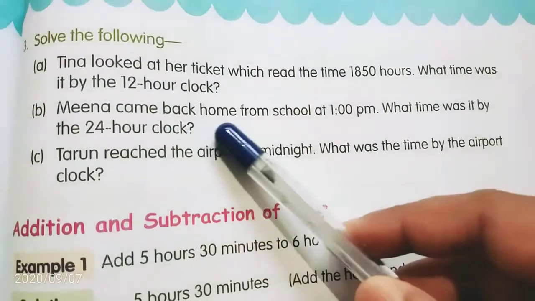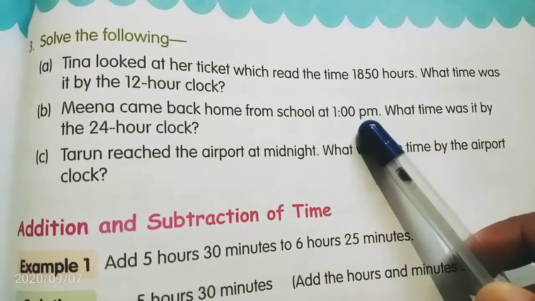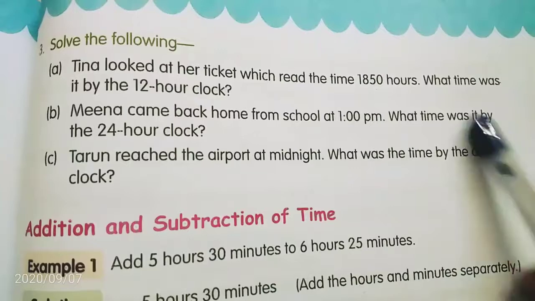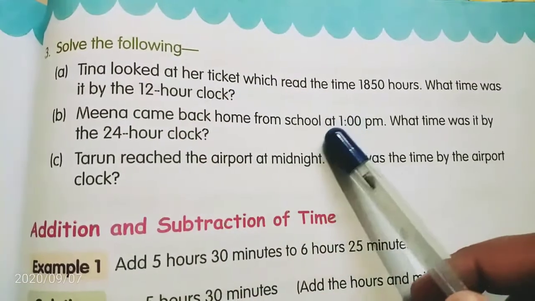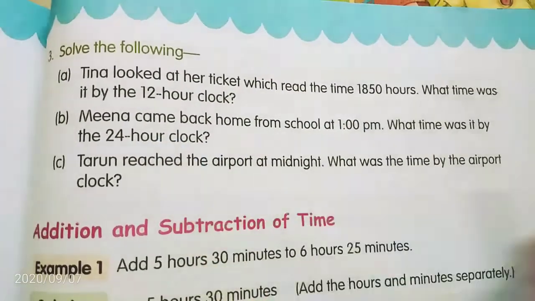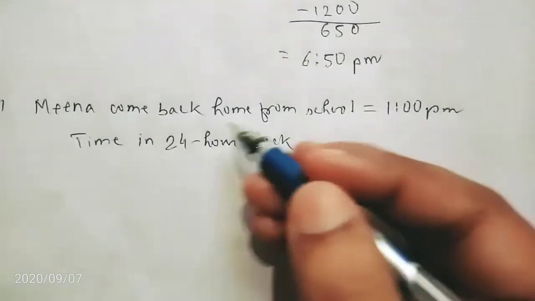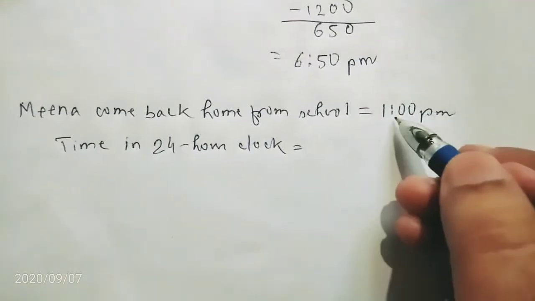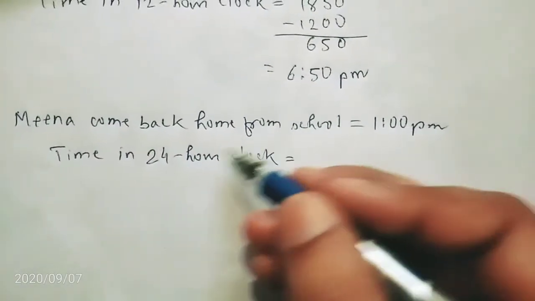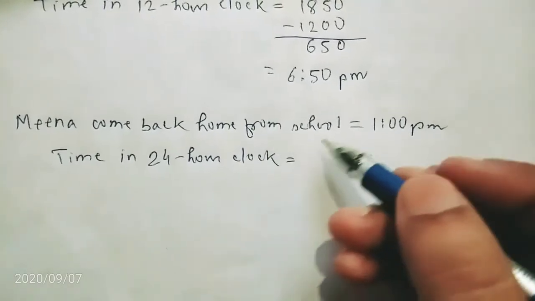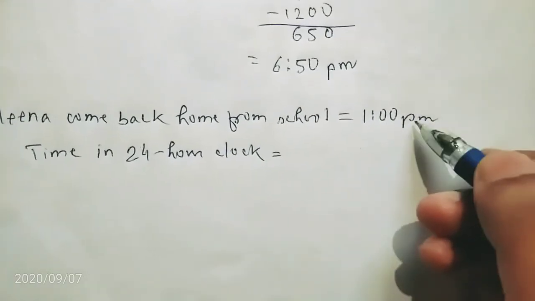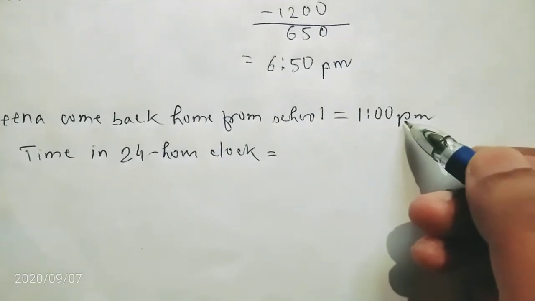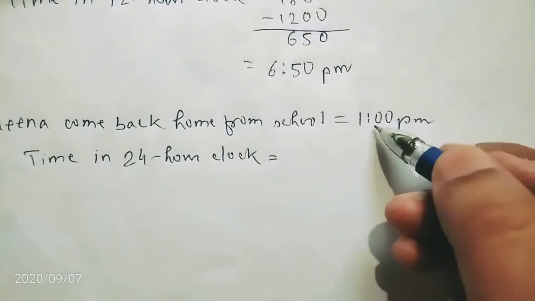Now B number, Meena came back home from school at 1 PM. Okay, what was the time by 24-hour clock? Now you have to convert this 12-hour clock into 24-hour clock. So I told you the rule that when the time is in PM, then you have to add 1200 to this number.